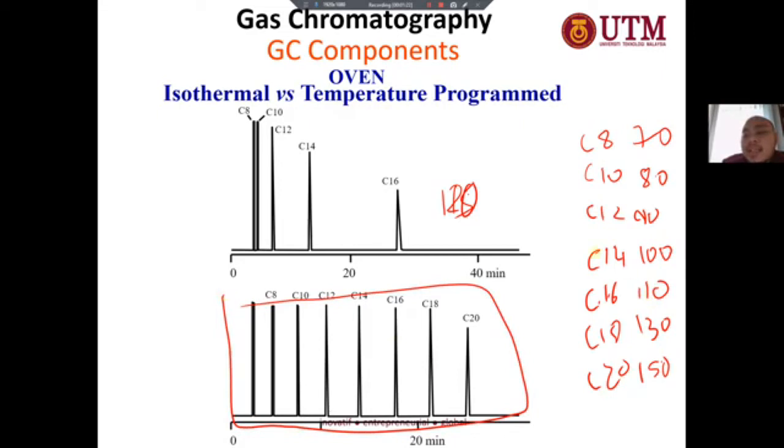When you do 120, the first ones will not be separated, so we have a problem with the separation. When we use temperature programming, the earlier ones we can separate very well, and we can also elute the ones with a higher boiling point. That is the intention of the temperature program. If your analytes have a wide boiling range, then you need to use the temperature program.